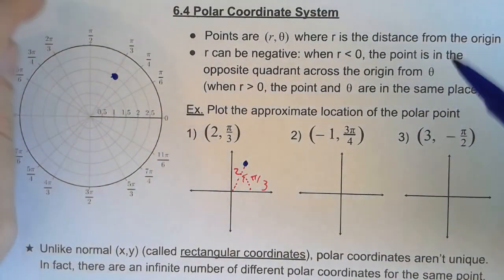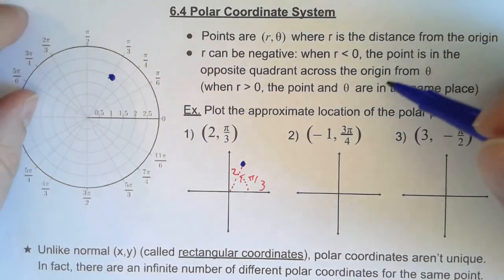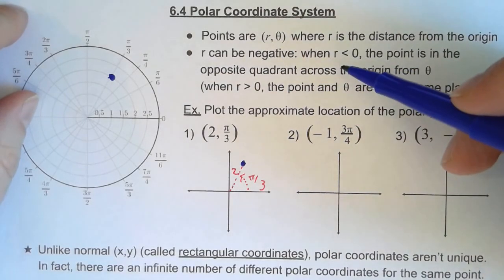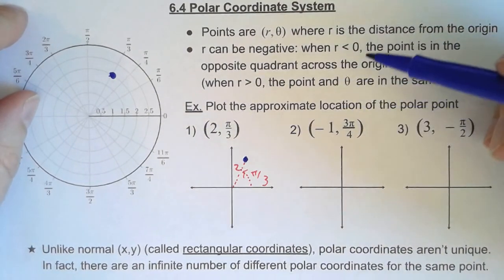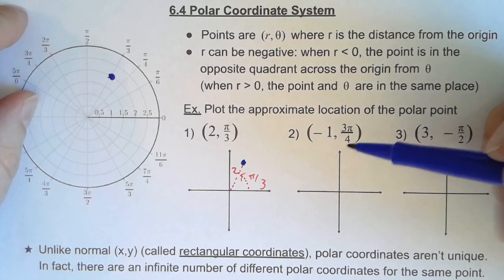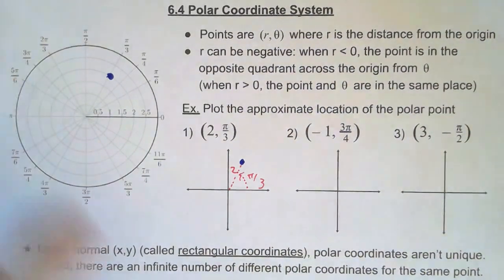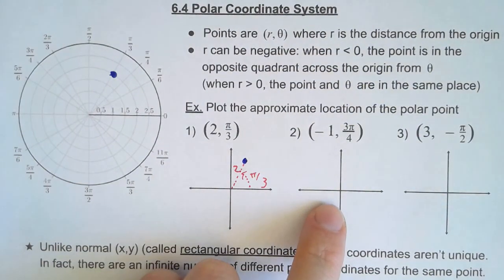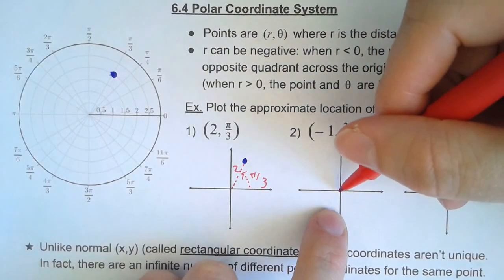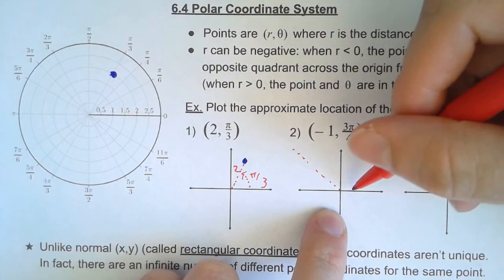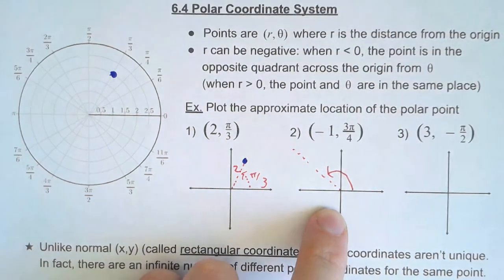Now, it might seem a little strange. You're used to distance being positive, but we actually allow r to be negative. What happens when r is negative is that you go to the opposite quadrant across the origin. For this one, 3 pi over 4 is in the second quadrant. Here's 3 pi over 4, this rotation.